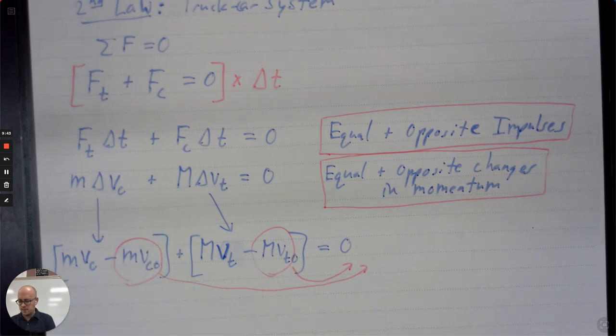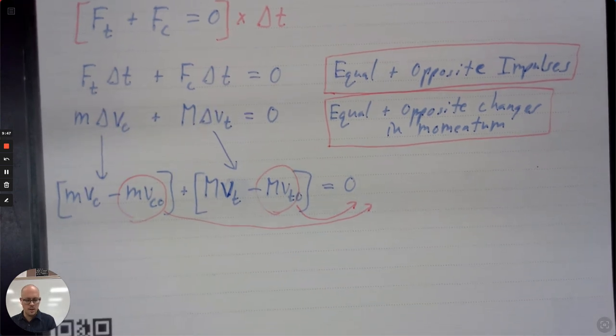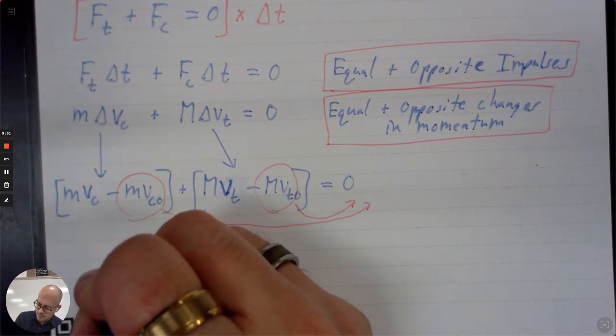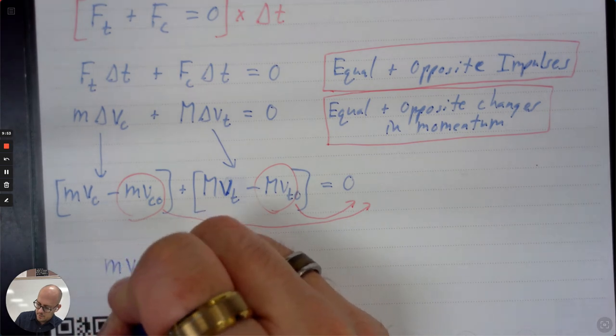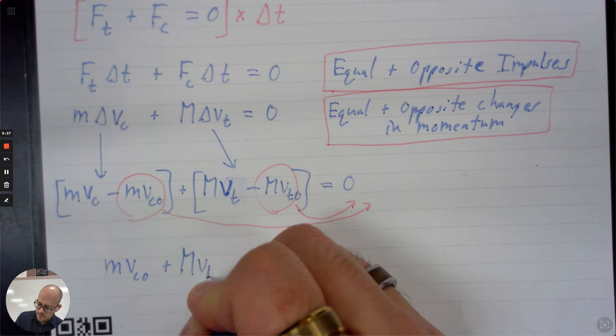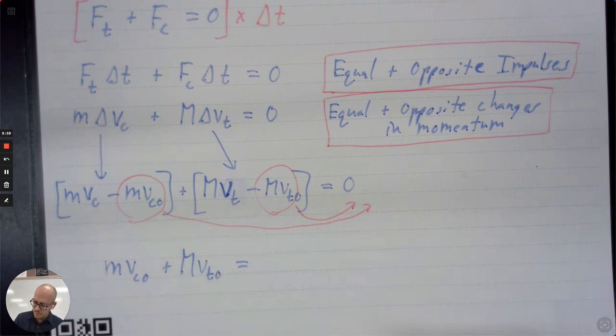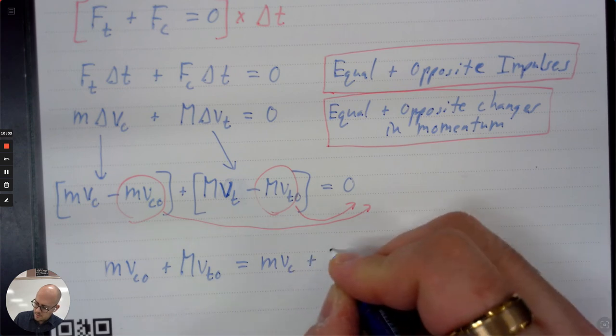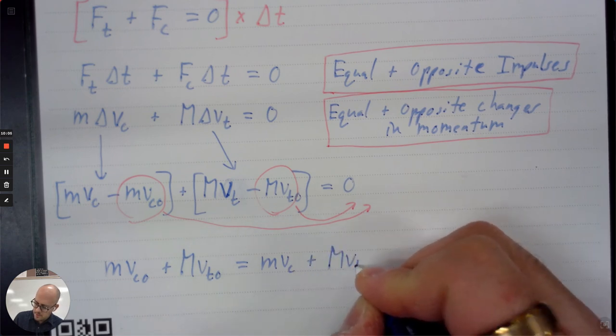So you're going to see kind of 4 steps of algebra in one, but it's going to end up looking like this. It's going to say mVc naught plus big M Vt naught equals mVc plus big M Vt.